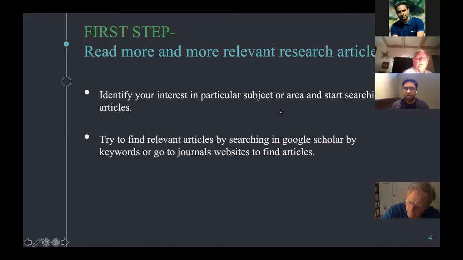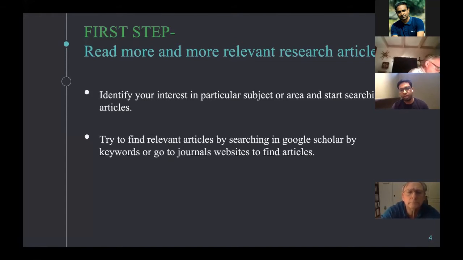So for the literature, how can you find the relevant literature? There are several ways. The most effective way is to search the keywords of your proposed title in Google Scholar, or you can go to the journal website. There are different journals publishing in different fields.